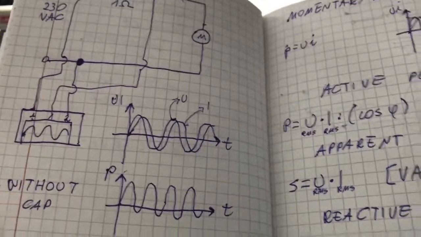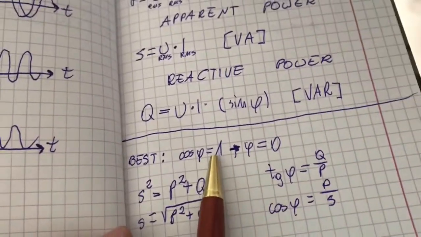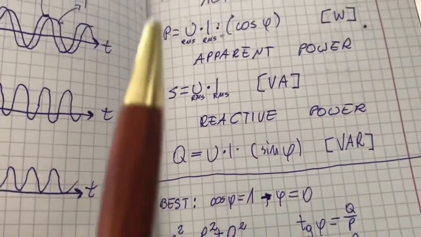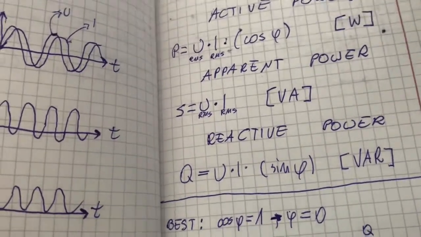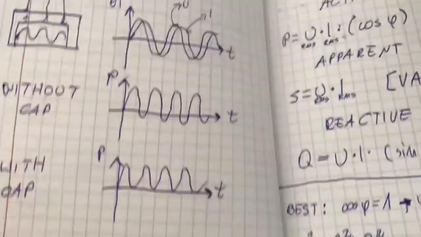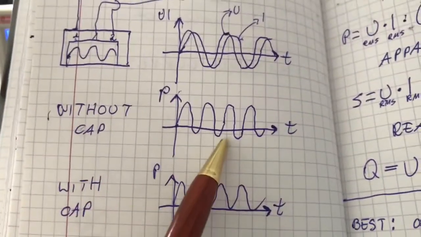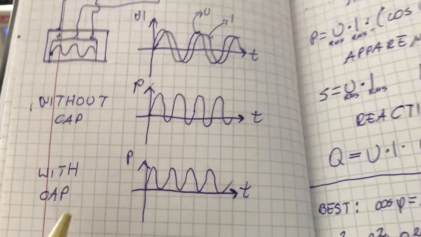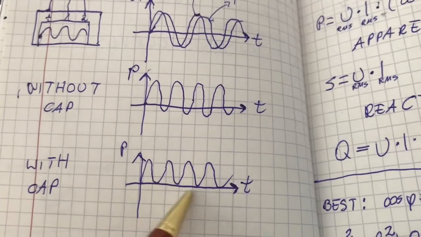So this will cause our power factor to be better. So less reactive power will be happening. And this is what we want to make. So without the capacitor, there will be some power returned to the transmission line or to the source, but with the capacitor, we shouldn't see it.